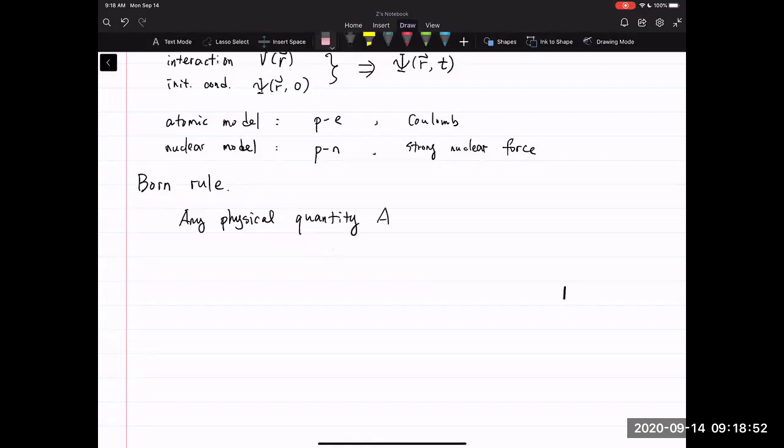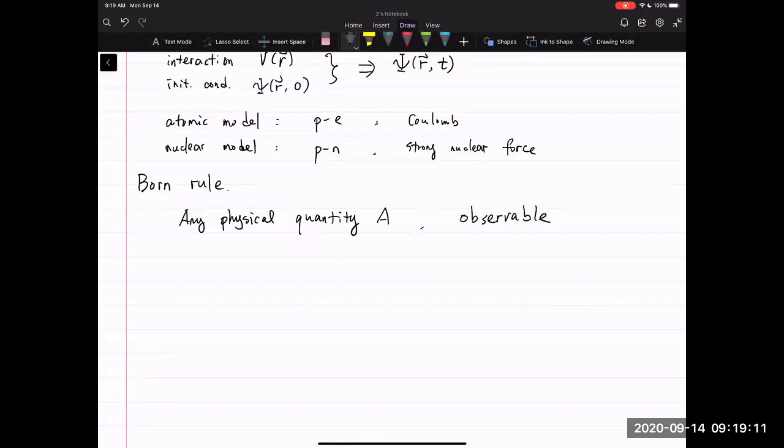Then if we perform a measurement on this A, this is the observable. So what can we observe for this physical quantity A? A can be anything. A can be the energy, the momentum, the location of the particle.